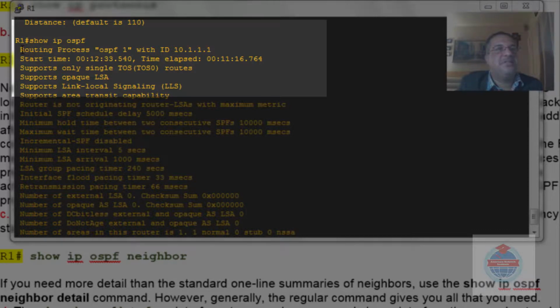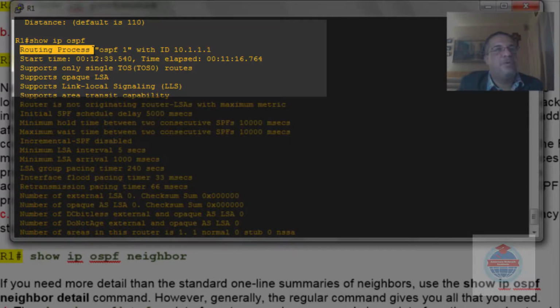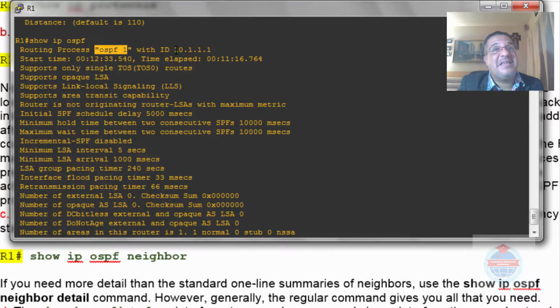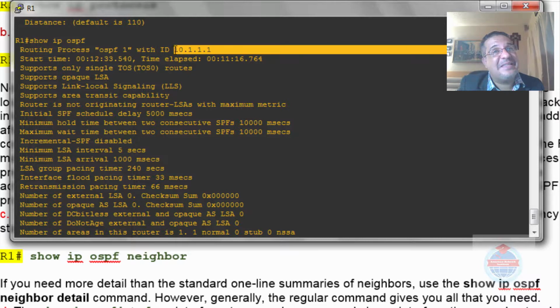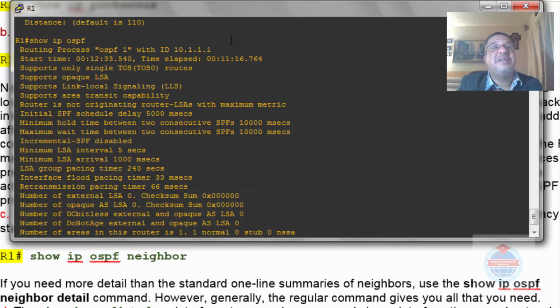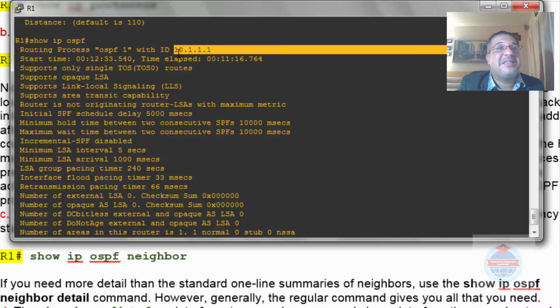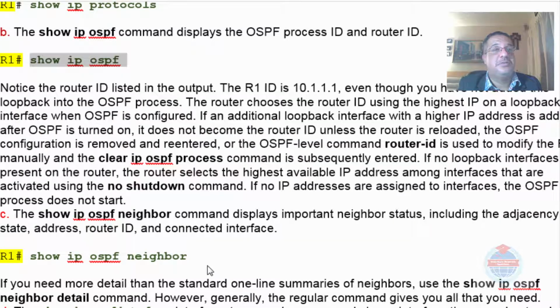Over here we can see, after this, the routing process that is called OSPF 1. Remember that this is the one that we call, and the ID is this one. Even though we haven't set that up and we haven't mentioned it, it automatically selects the highest IP number on the loopback. So remember that, guys.